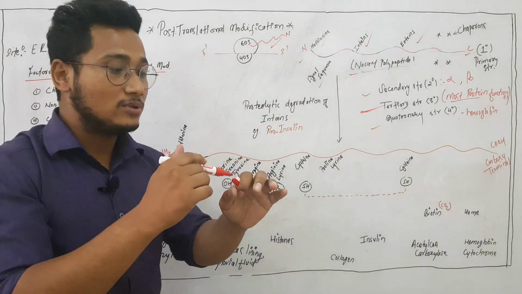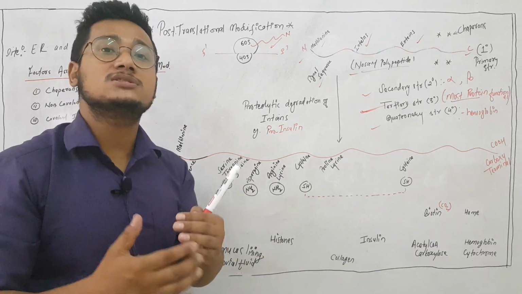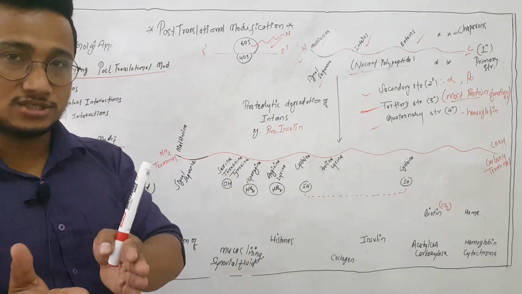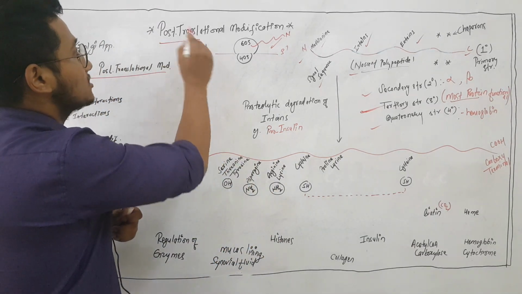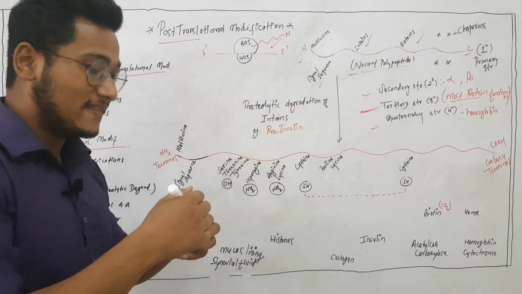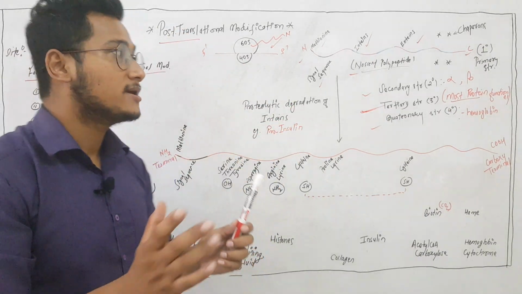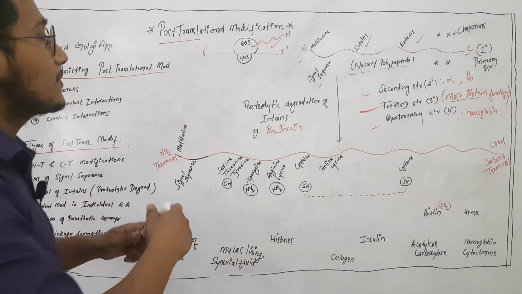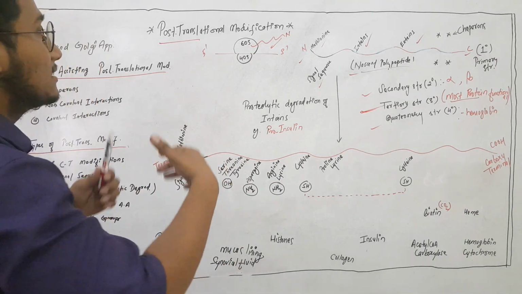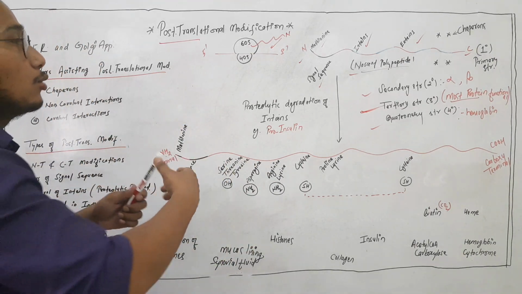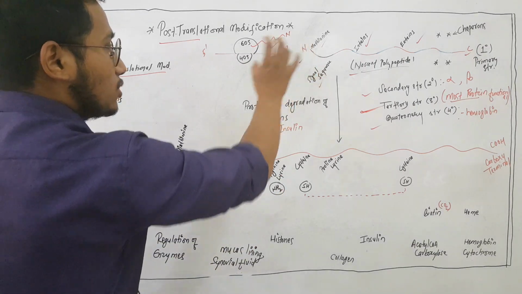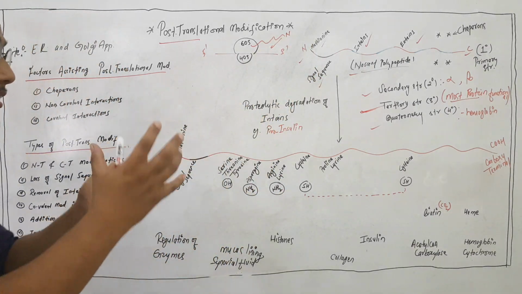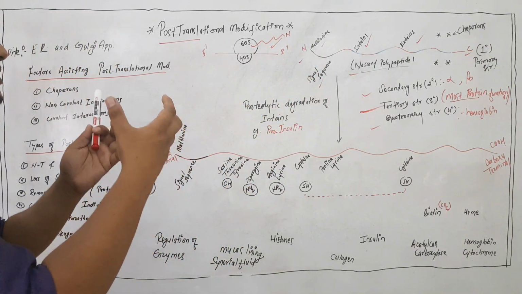These sort of modifications occur after translation. That's why we are calling it post-translational modification, and these are really important. So let us just try to see what are the factors which help this polypeptide to govern its functional structure.